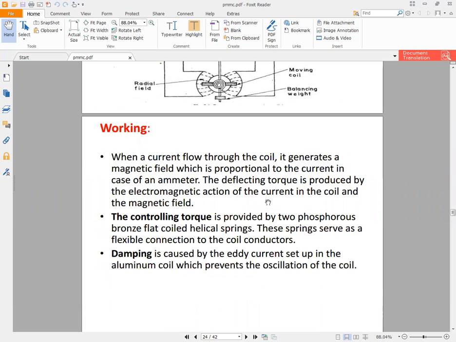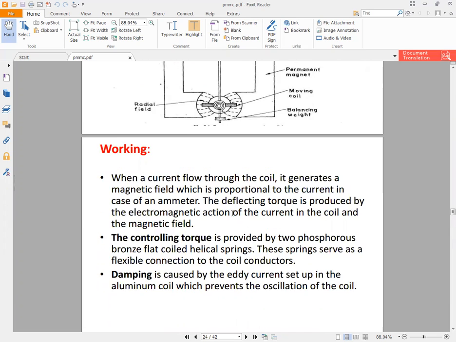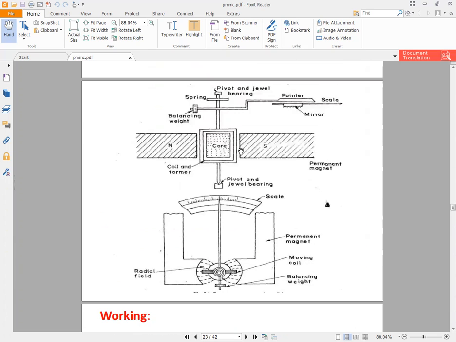Corresponding to the principle of operation, we should know the working. The magnetic field is produced by the permanent magnet, and our coil is a conducting material. Due to this magnetic field, the conducting material experiences a force and the pointer gets deflected.